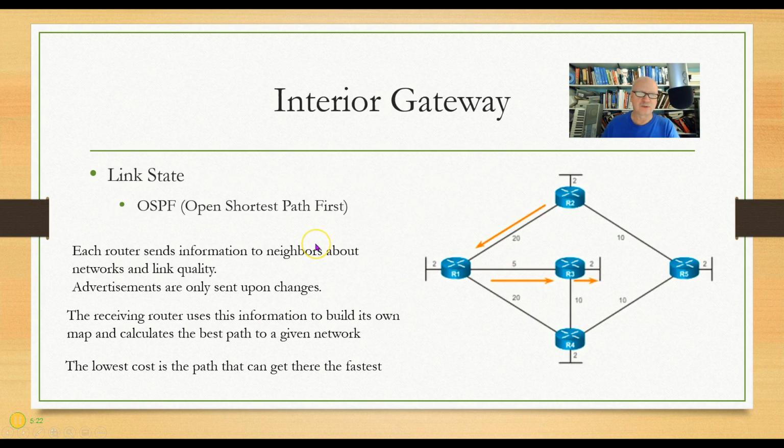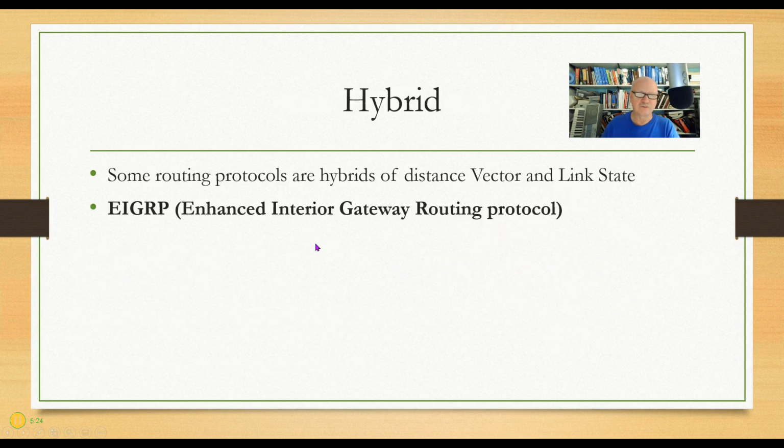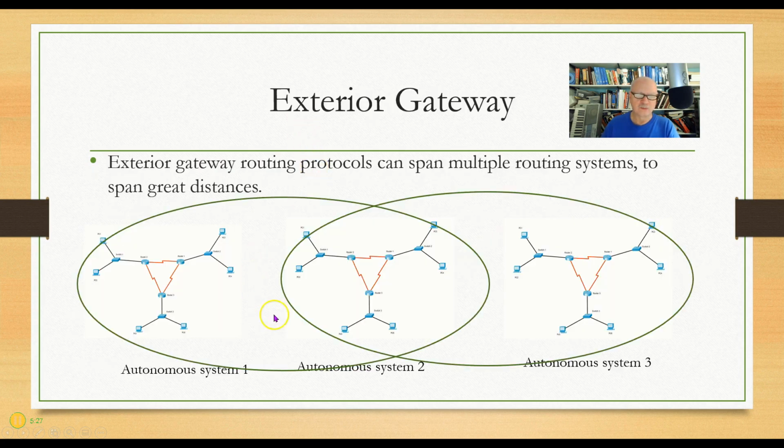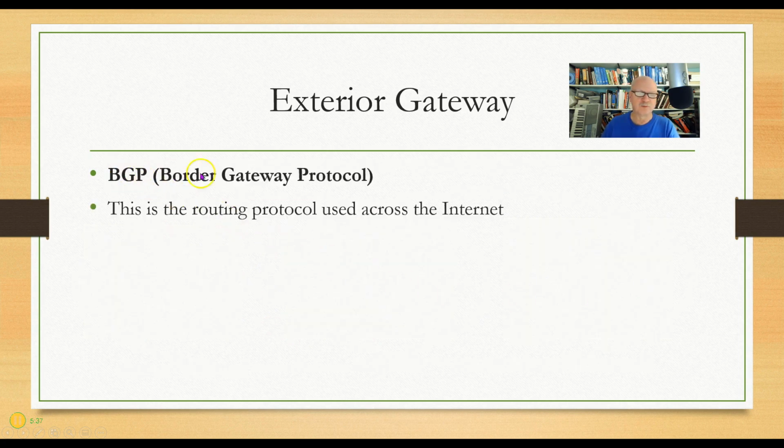Now, back here with EIGRP and OSPF, you would set up an autonomous system, and they would advertise within that autonomous system. But now we can span across them, so that, for example, on the internet, and sure enough, BGP, or Border Gateway Protocol, is the one that we use on the internet in order to get across the internet.